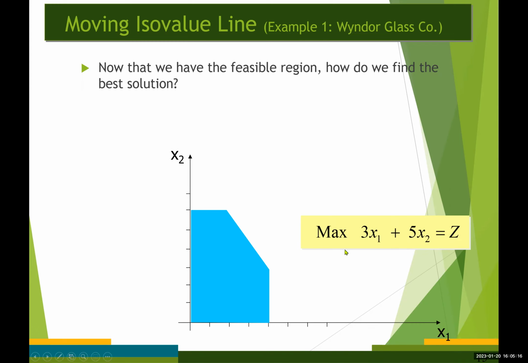To find the optimal solution, we need to graph a line on which all of the points have the same objective function value. In a maximization problem, just like ours, such a line is called an iso value, iso profit line.